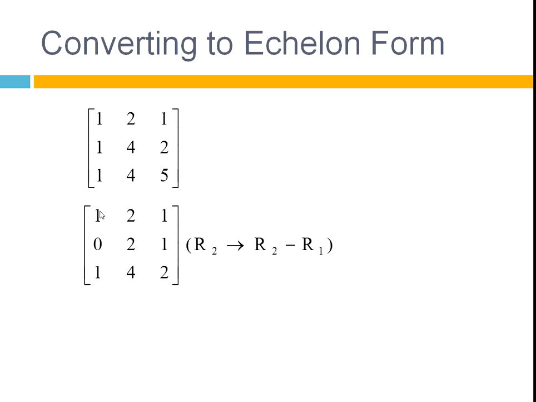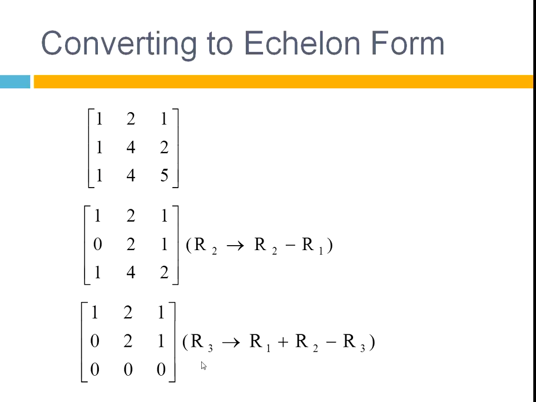And you'll notice that if you add row 1 and row 2, you end up with row 3. So you can turn this into a zero row very simply. You just make row 3 row 1 plus row 2, add these together, and then subtract row 3. So you're doing 1 plus 0 plus 1, which is 0, 2 plus 2, which is 4, subtracting 4 is 0, 1 plus 1 is 2, subtract 2 is 0.